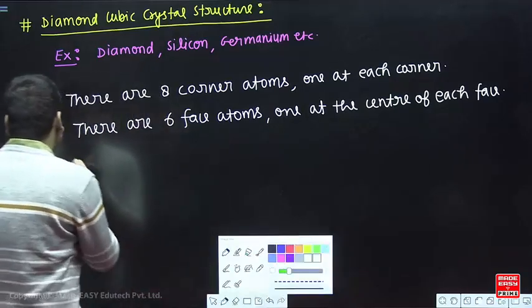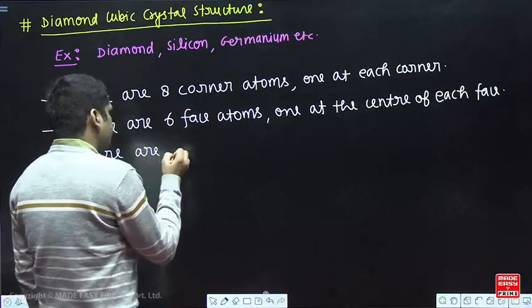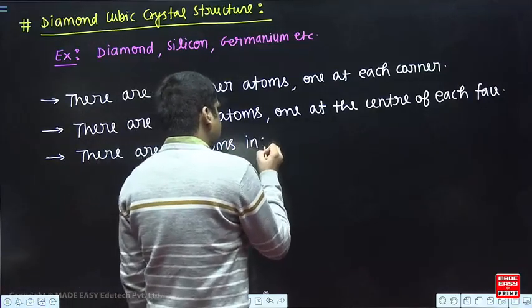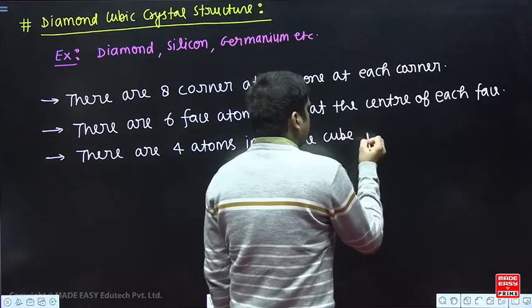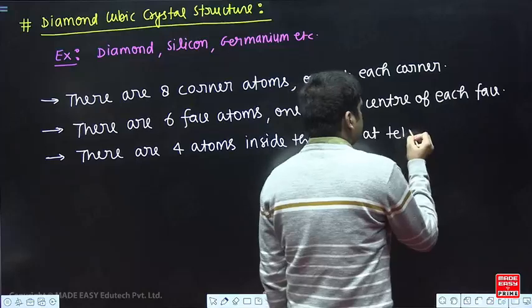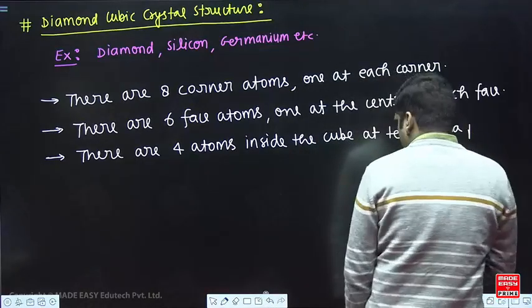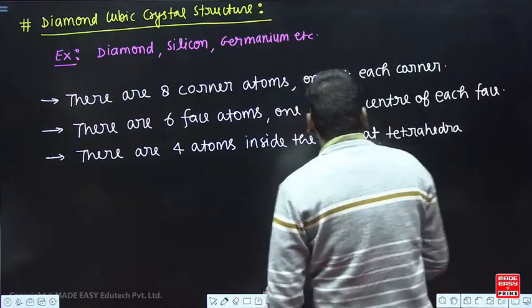Next, there are 4 atoms inside the cube at tetrahedral positions. Tetrahedral position means they are making a bond angle of 109.5 degrees with each other.